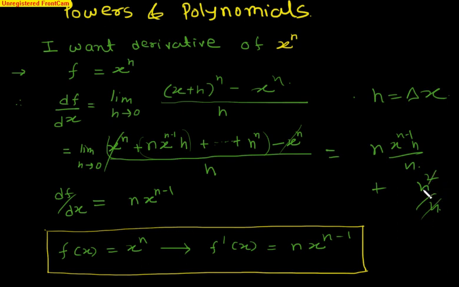One power of h will get cancelled, and when you put the value of h as 0 here, this term will become 0, and even the terms after this will all become 0. Only the remaining thing is this, because h will get cancelled. This is n, this h will get cancelled, only n x raised to n minus 1 is remaining. That's why the derivative of x raised to n is nothing but n into x raised to n minus 1.